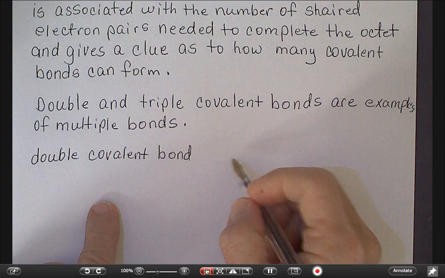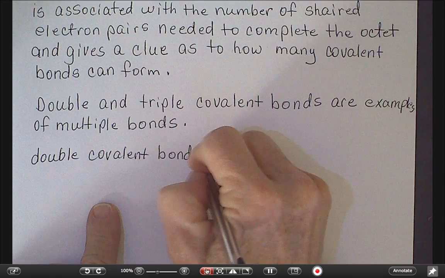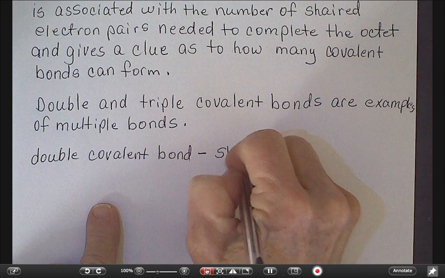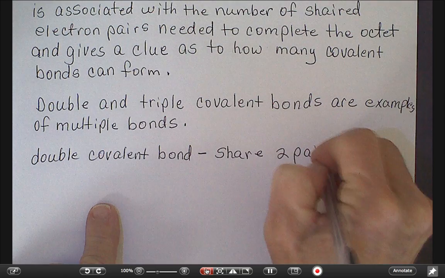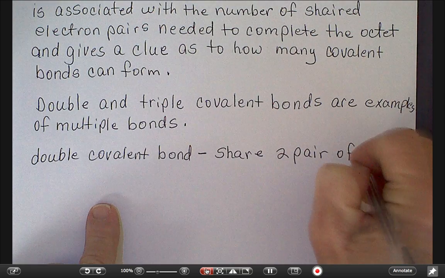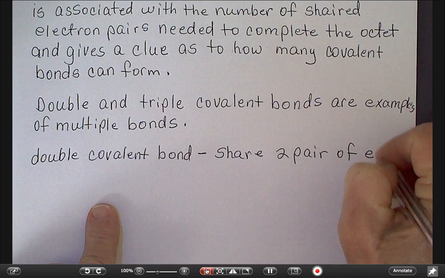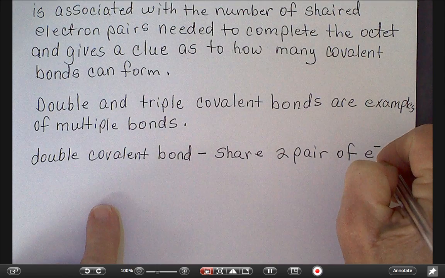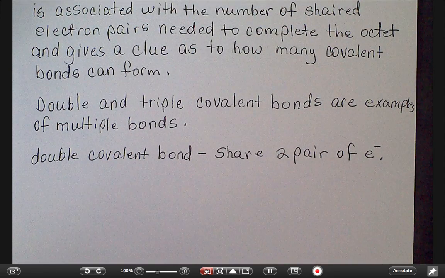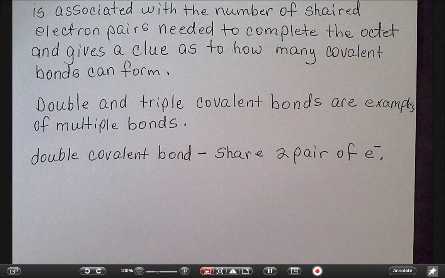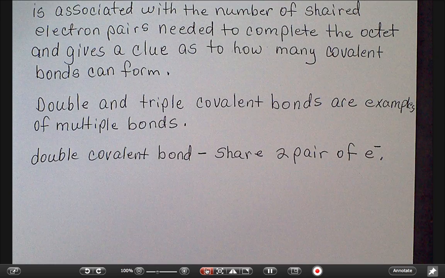Double covalent bond. Share two pair of electrons. Okay, now this is going to be a different situation than yesterday's.